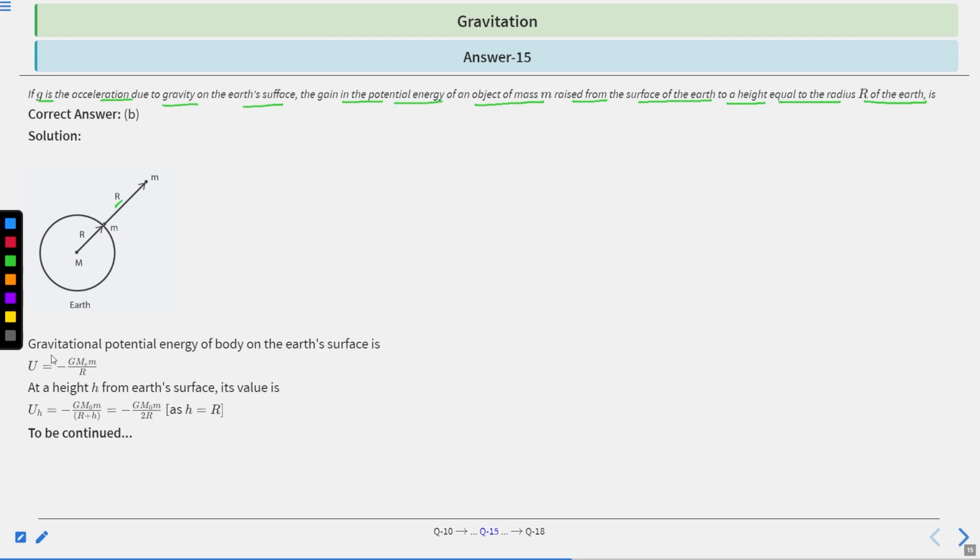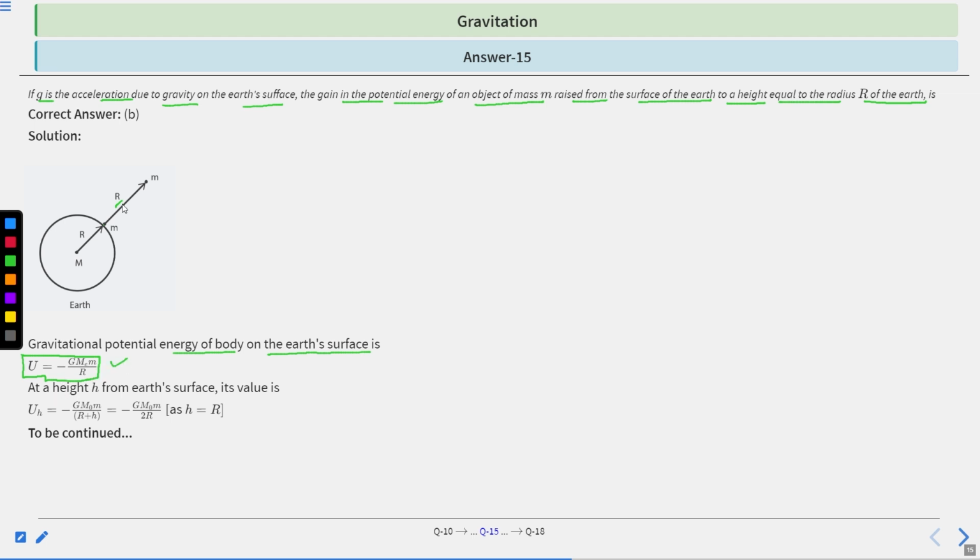Clear? So gravitational potential energy of a body on the earth's surface is U equal to minus G M m divided by r. Clear? This is the gravitational potential energy of a body on the earth's surface. Clear?